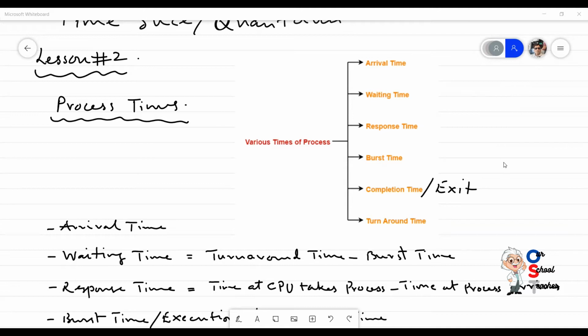Burst time is the total time required from the CPU to complete any process. Then completion time, the time at which any process gets complete. Then turnaround time is the total time taken by a process to complete, which includes waiting time also.